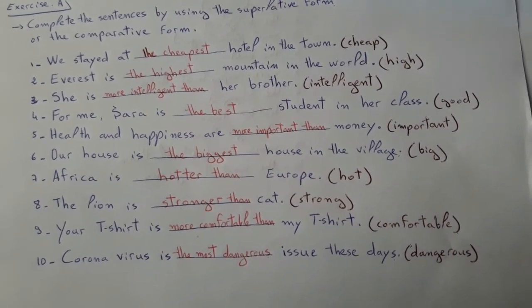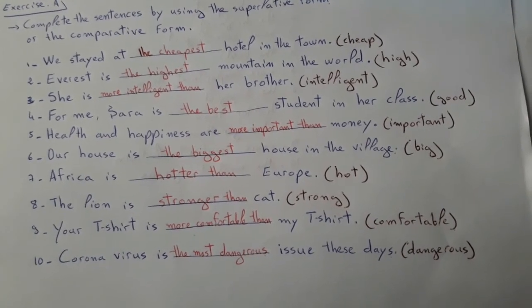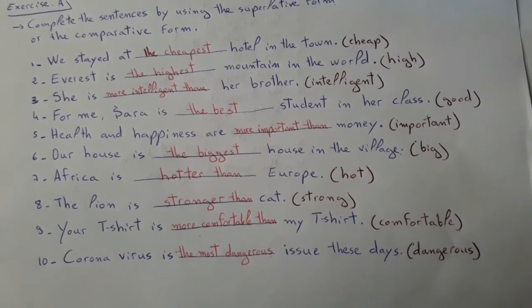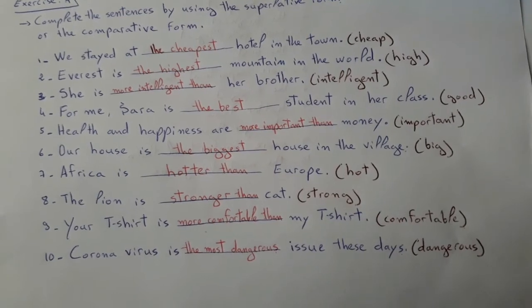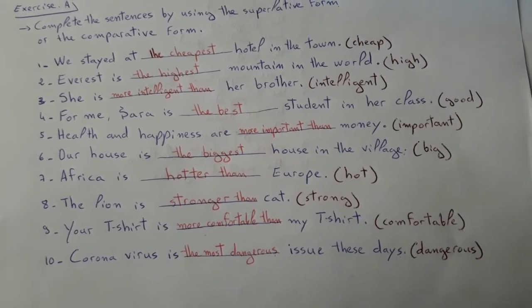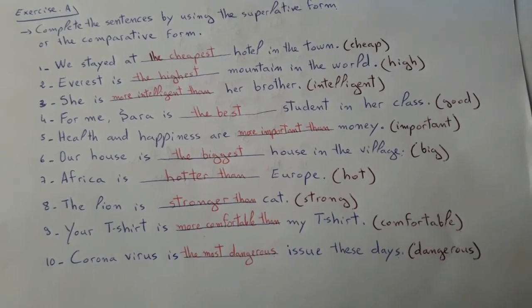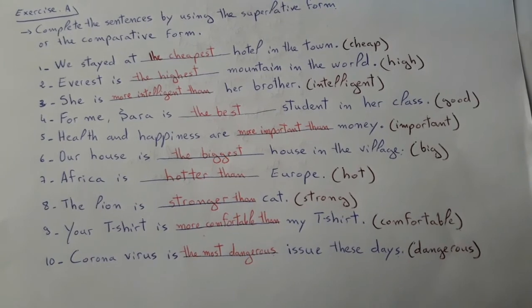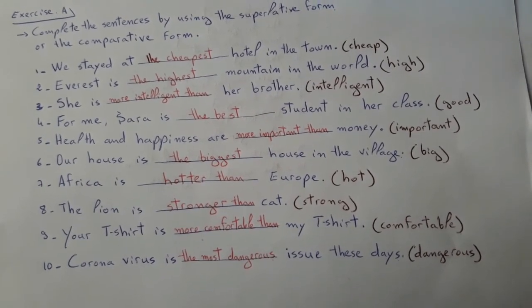Africa is hotter than Europe, so in this case we compare two continents, and that's why we use the comparative form. The lion is stronger than the cat, so here we compare two animals. Your t-shirt is more comfortable than my t-shirt, so we compare two t-shirts, mine and yours.